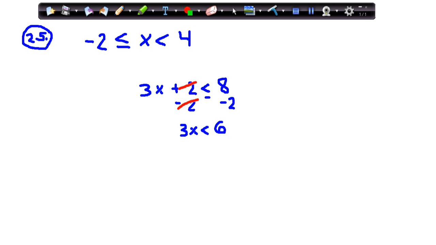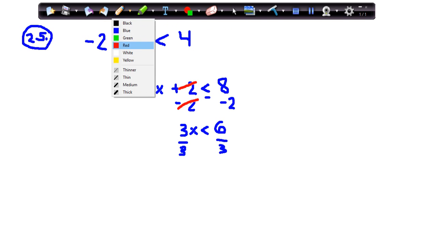Divide both sides by 3. So divide both sides by 3. What you do on the left, you have to do on the opposite side. So we're going to divide that by 3. And of course, divide this by 3. Which means the 3 is going to cancel out, right? Remember, we're trying to get x off to itself.